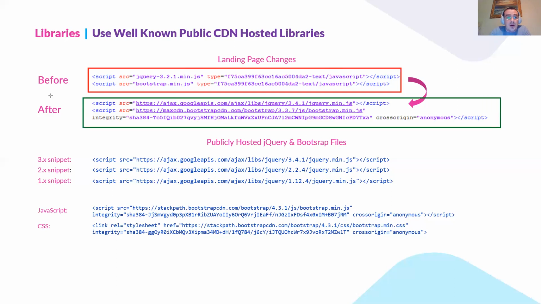So we replace these scripts with these new ones, and we make sure that our visitors, when they browse our pages, will be served with publicly available or official versions of these JavaScript libraries.